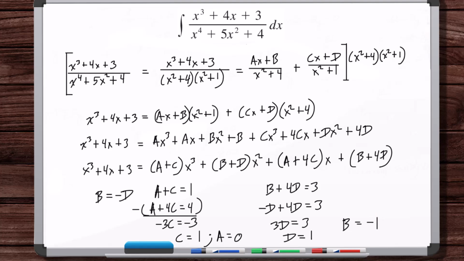So ax plus b, we've got minus 1. And then cx plus d, it's going to be x plus 1.